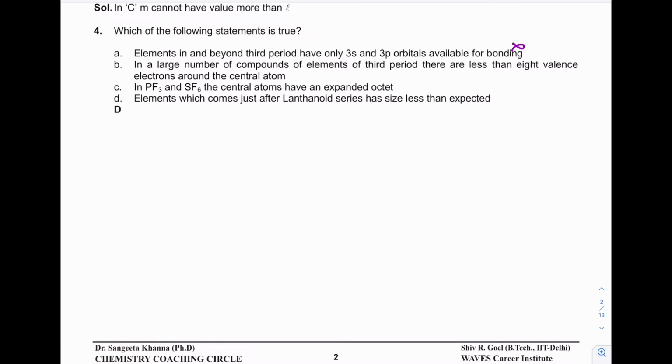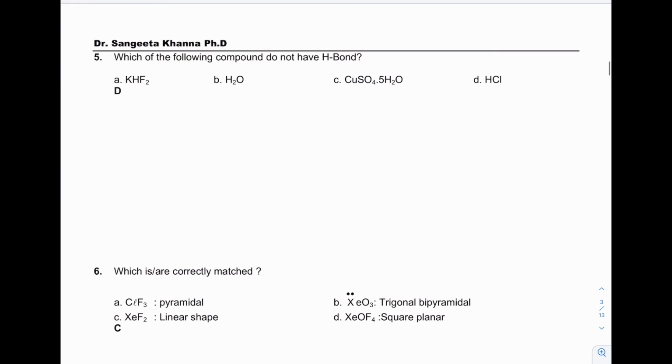Less than 8 valence electrons are mostly in second period. C is PF3 and SF6 central atom have expanded octet. Expanded octet is not in PF3, it is according to octet rule. Elements which come just after lanthanide series have size less than expected. This is correct because of lanthanide contraction, so it is D.